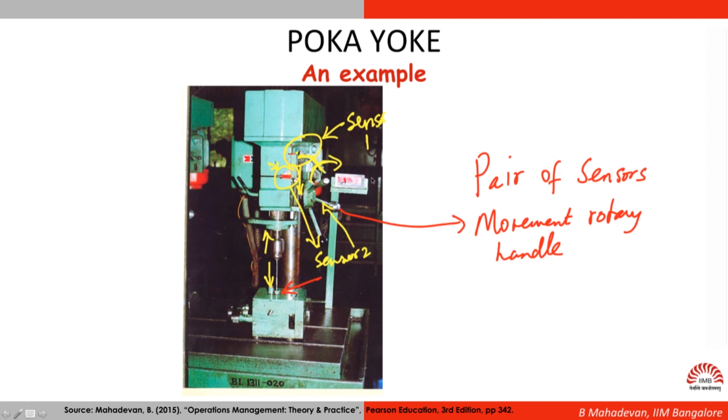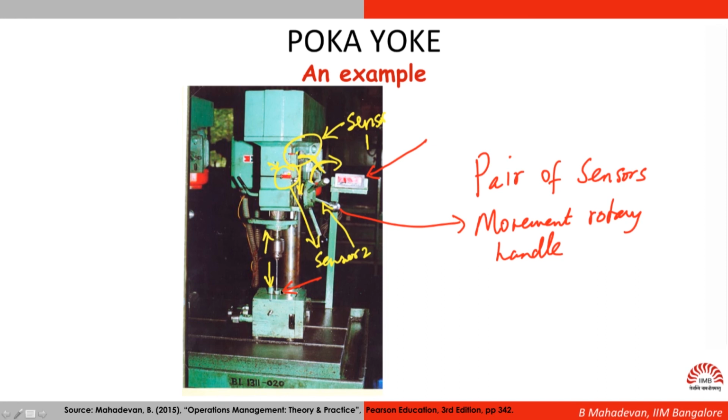You also notice something interesting here. You see there is a counter here, because in this process they have to send 100 pieces from time to time. So, earlier they were stopping the process, counting the number of pieces, putting them into a box or a basket or a carousel and sending it to the next process.